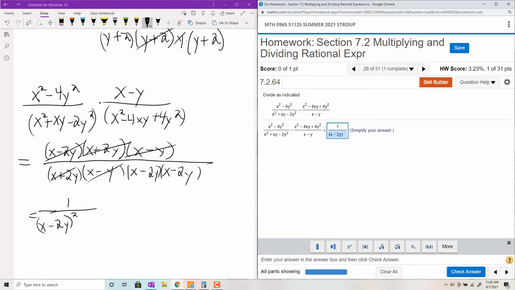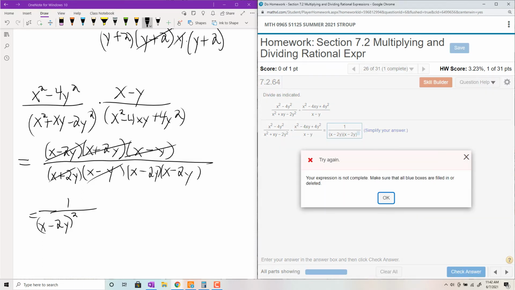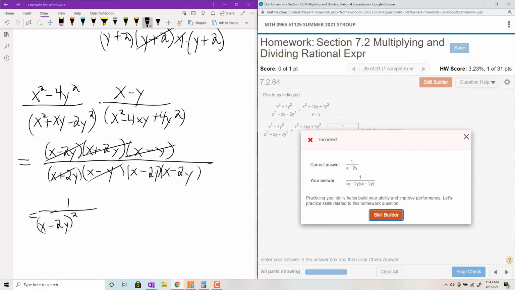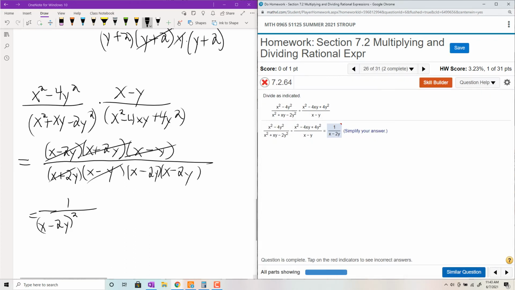I can't believe that would be an issue, though. Otherwise, it's something silly that I did. I have no idea what I did. Oh, I just forgot to remove it. I must not have crossed it out. And that's right there. So it'd be 1 over x minus 2y.